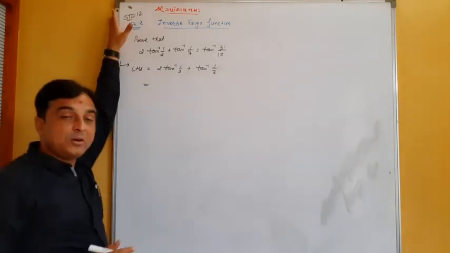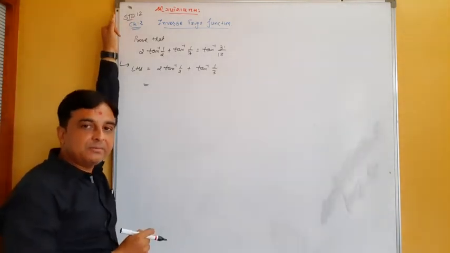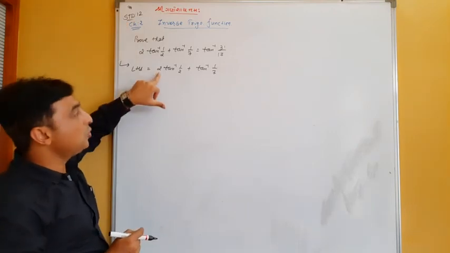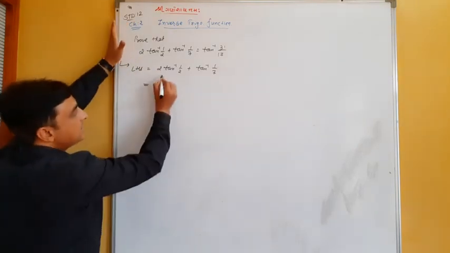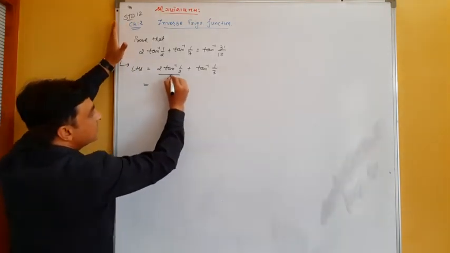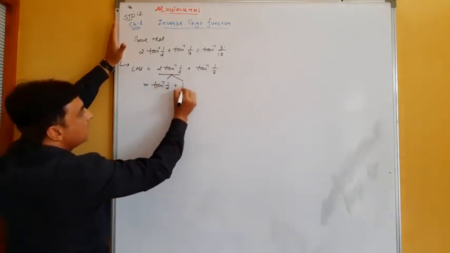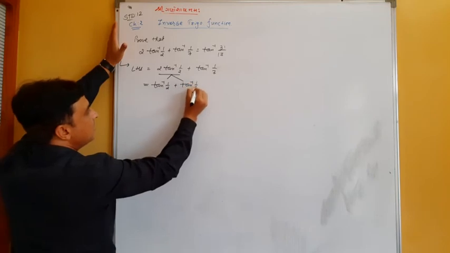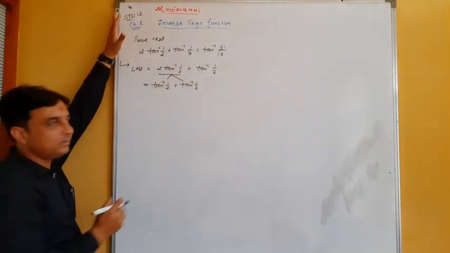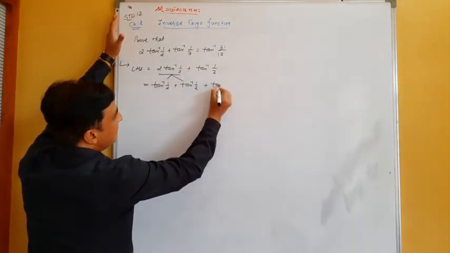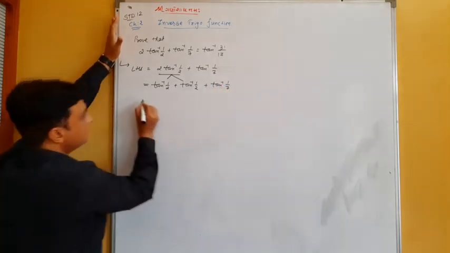We have a formula for tan inverse x plus tan inverse y, but not for 2 tan inverse x. So instead of 2 tan inverse, we can write tan inverse 1 by 2 plus tan inverse 1 by 2, plus tan inverse 1 by 7.